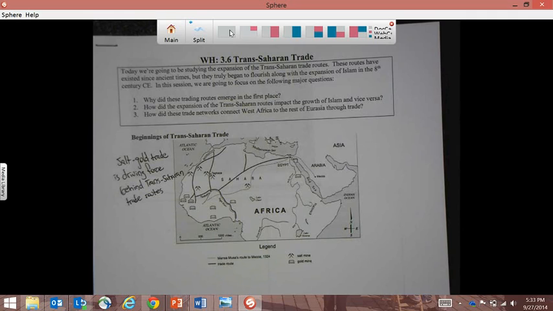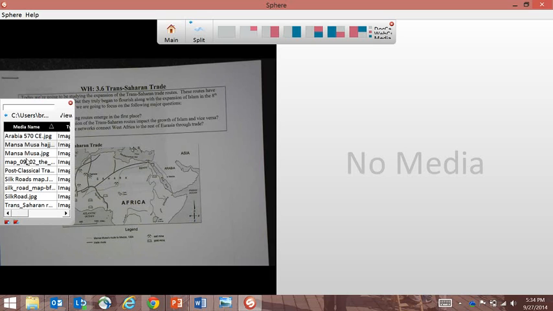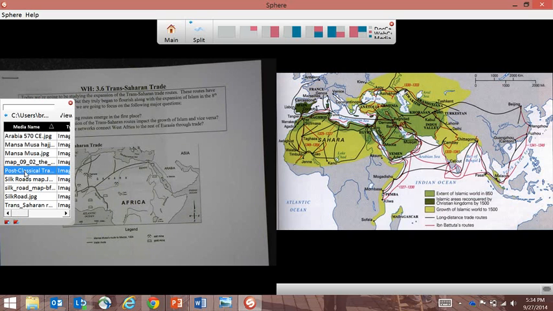In addition to this, though, this trade network really begins to thrive around the same time that the Islamic Caliphate was expanding across North Africa and into Spain. So let me show you a map that'll make this more obvious. There we go.